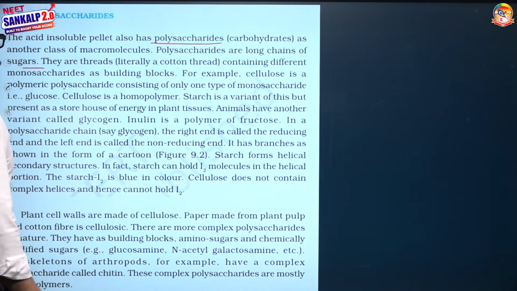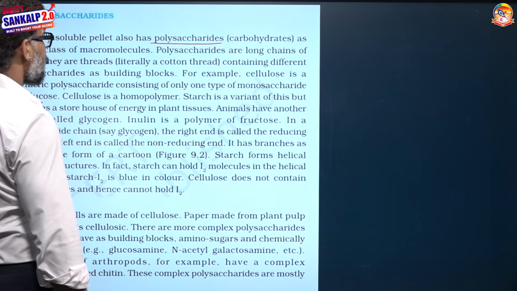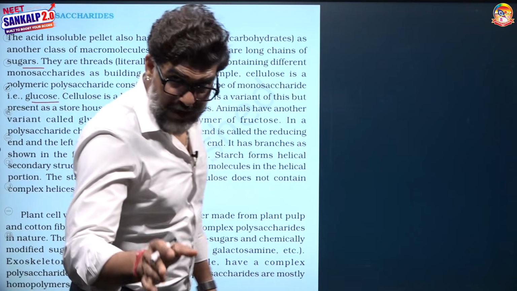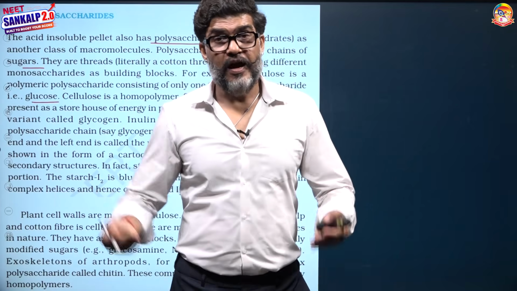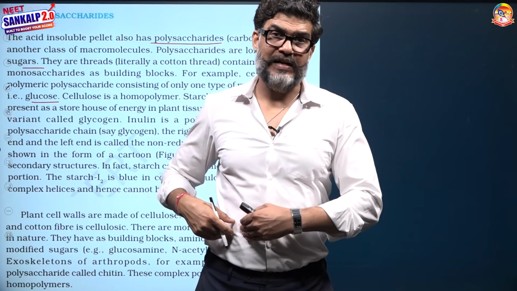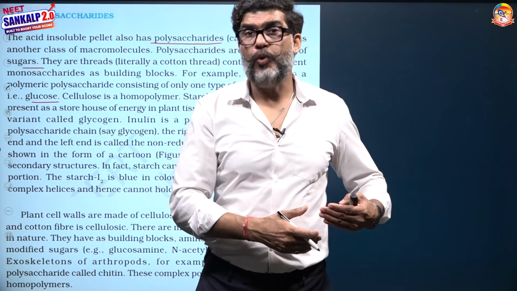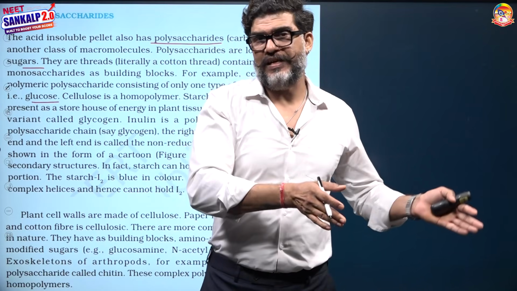Cellulose is a polymeric polysaccharide consisting only of one type of monosaccharide, that is glucose. Cellulose is a homopolymer, as I mentioned already. Starch is a variant of this but present as a store of food. Means starch and glycogen are storage polysaccharides, while chitin and cellulose both are structural polysaccharides.